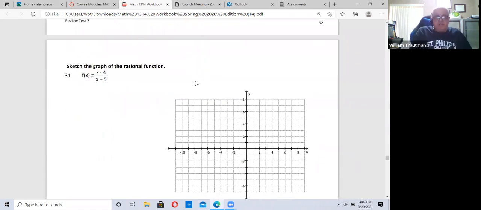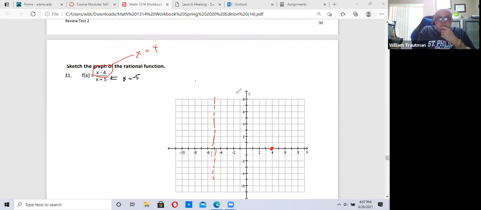Sketch the graph. You just have to pick the correct graph. We know there's a vertical asymptote going through x equals -5. So at x equals -5, there's an invisible line going right here. You can't see it. And there is an x-intercept at 4.